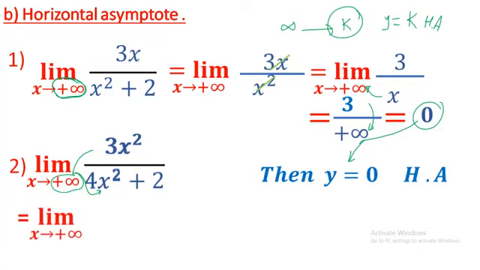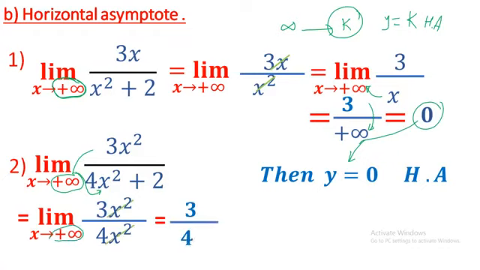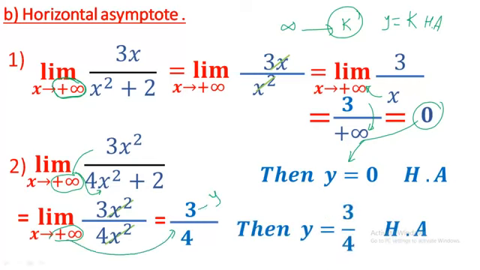So we will have the limit as x tends to plus infinity, and the highest power term in the numerator is 3x squared and in the denominator is 4x squared, and we will cancel x squared by x squared to get 3 over 4. Because we have the limit as x tends to plus infinity and we get a number, then this number will represent the horizontal asymptote. Then the equation of our horizontal asymptote is y equals 3 over 4.